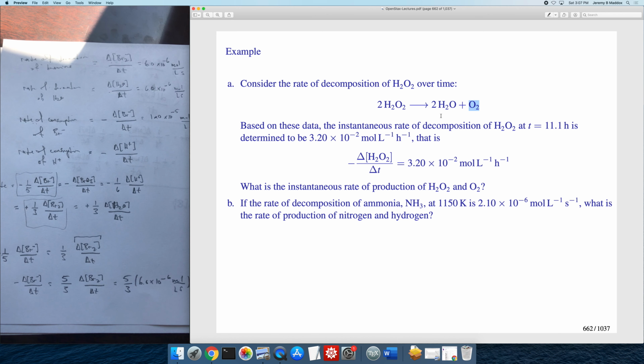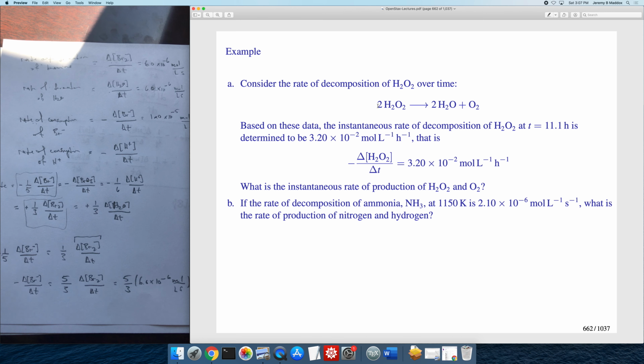And so you need to take into account the stoichiometry in order to do that. You can almost guess what it would be. Notice the stoichiometry is the same here between hydrogen peroxide and water. And so you would expect that the rate of production of H2O would be equal to the rate of consumption of hydrogen peroxide.